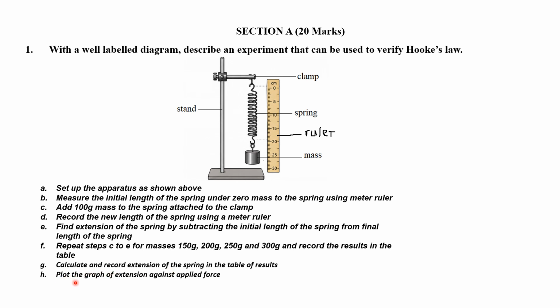So plot the graph of extension against applied force. The applied force here is not the masses. The applied force is going to be these masses changed to newtons. Let's see, if you are doing this practically, you'll need to change these to force or weight in newtons.